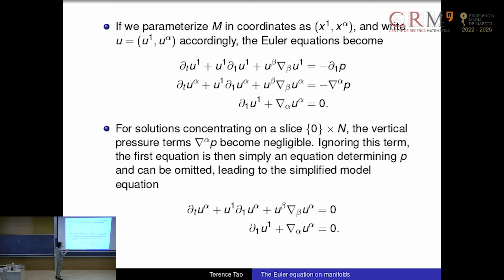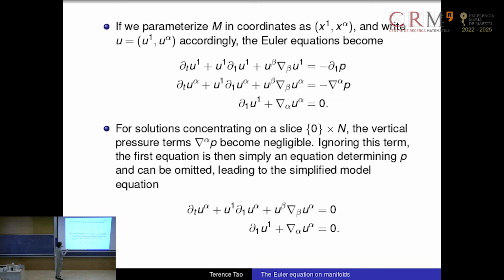But the equation simplifies a lot in the limit. The velocity should stay large in the vertical direction, but the horizontal velocity should get small. And the pressure gradient should get large in the horizontal direction, but a lot smaller in the vertical direction.